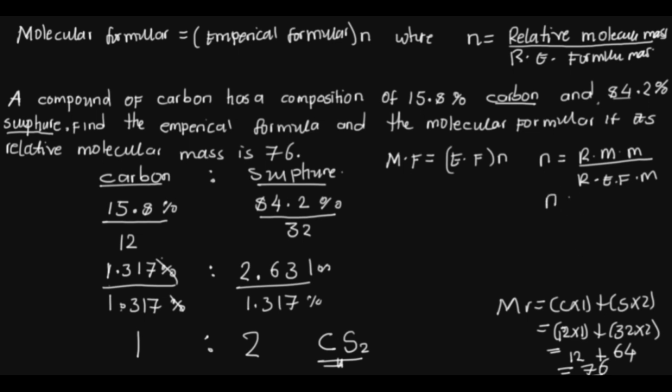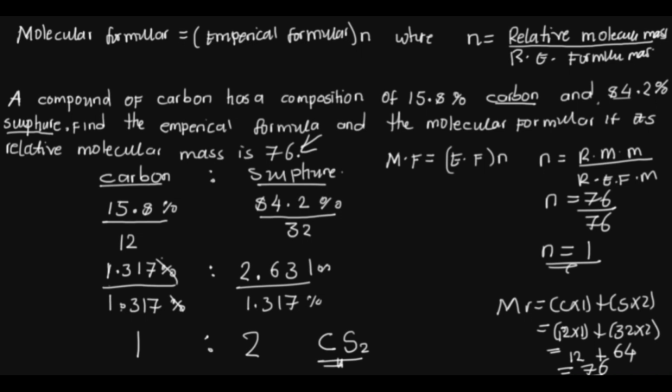So 12 plus 64 is 76. So we can now say N is equal to, the relative molecular mass is given 76, over the relative empirical formula mass, which is also 76. So 76 into 76, we have 1.